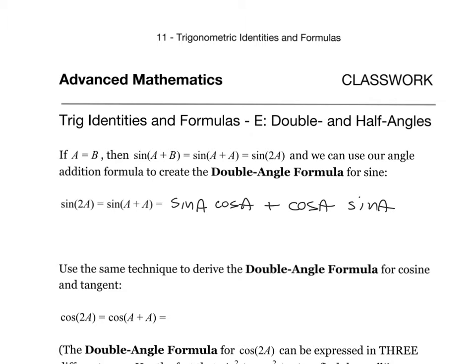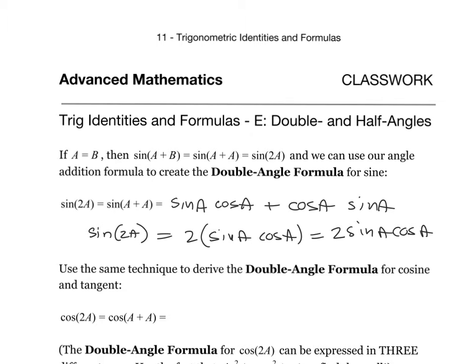So I can simplify this and say that sine of 2a is really 2 times sine of a times cosine of a. Or, since we're doing multiplication, the parentheses don't matter: 2 sine of a cosine of a. You could write that as 2 cosine of a sine of a. It doesn't really matter. The convention is to write it as 2 sine of a cosine of a.